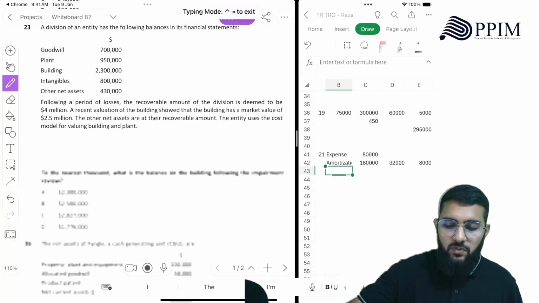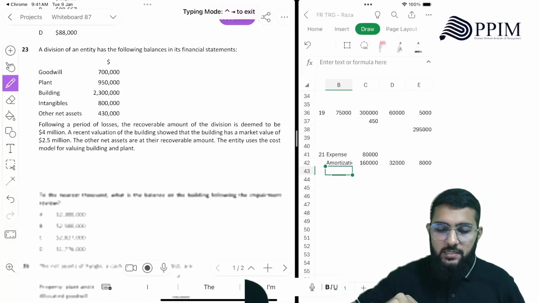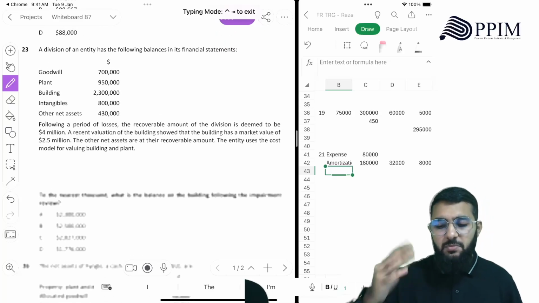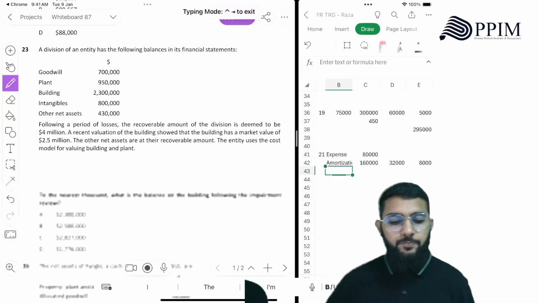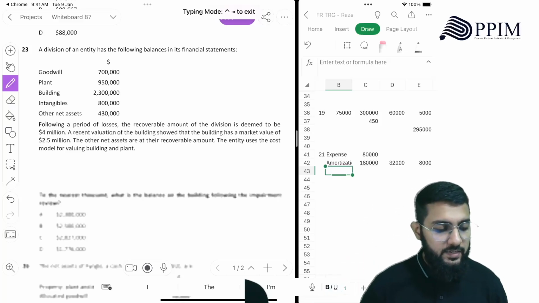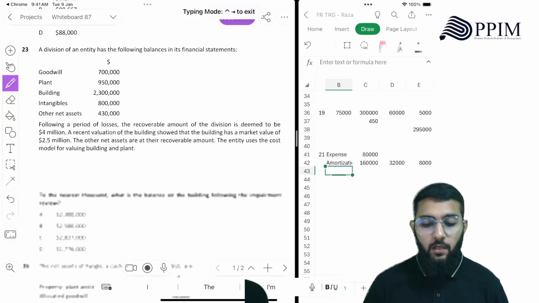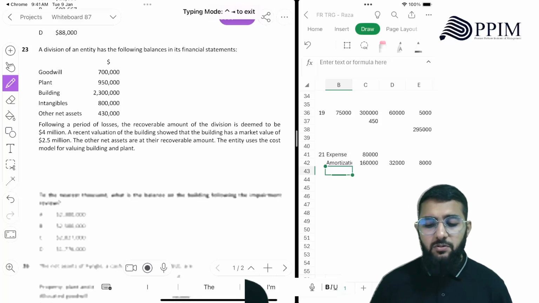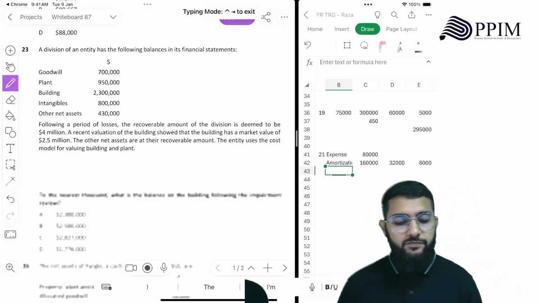All right. Then we move on to IAS 36. Okay, we can't see the options here, but let's read the question first, right? A division of an entity has the following balances in its financial statements. There is goodwill, there is plant, there is buildings, there is intangibles, and there is other net assets, right? Following a period of losses, the recoverable amount of the division is deemed to be 4 million.